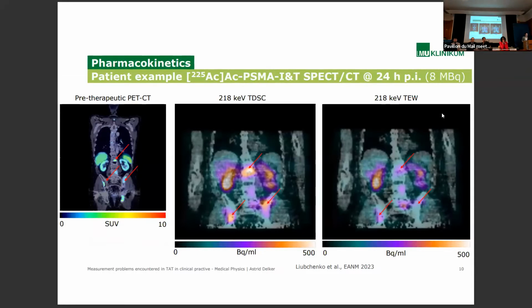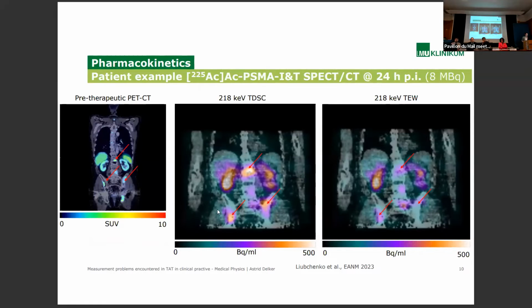So now you can see here some imaging of the 218 keV peak of a prostate cancer patient at 24 hours after injection with 8 megabecquerel of actinium PSMA INT. Here you can see the classical scatter correction, using triple energy window scatter correction.